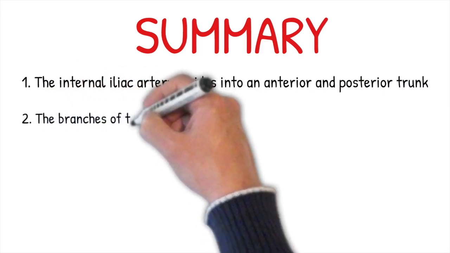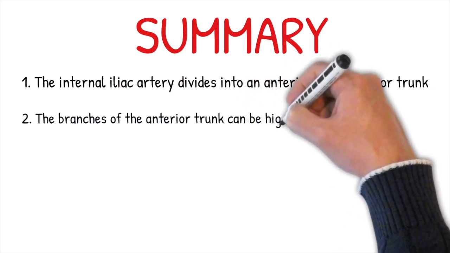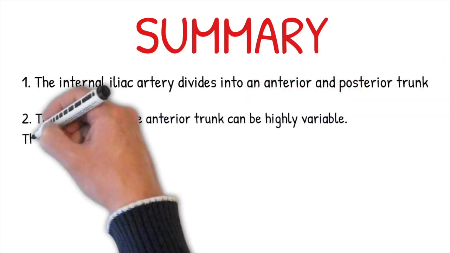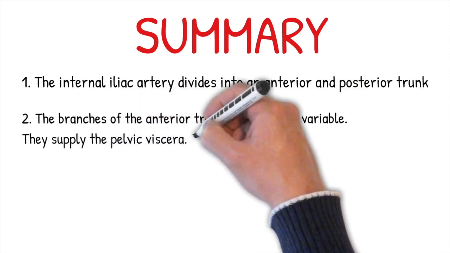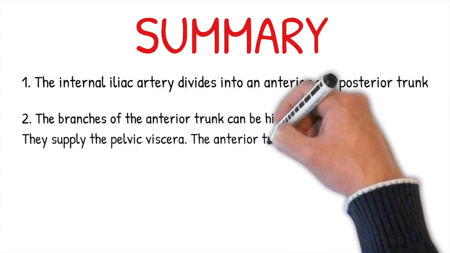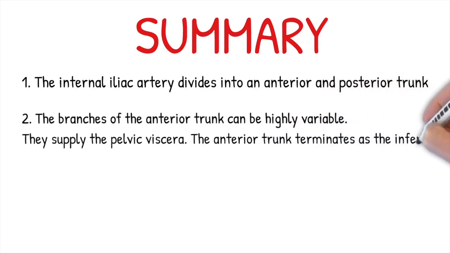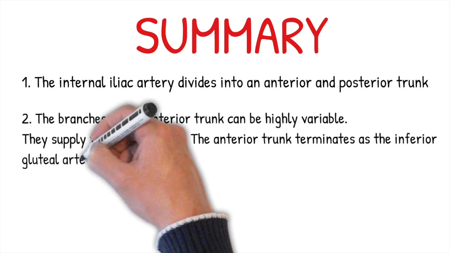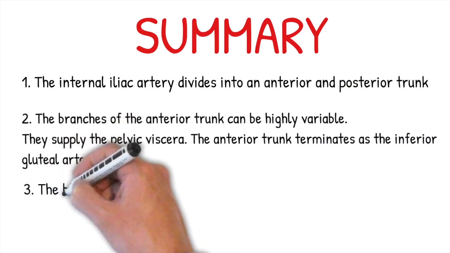The branches of the anterior trunk are highly variable, so we see lots of variation on the cadavers. They supply the pelvic viscera, and the anterior trunk terminates as the inferior gluteal artery, normally diving between S2 and S3 ventral ramus, although we do see variation.